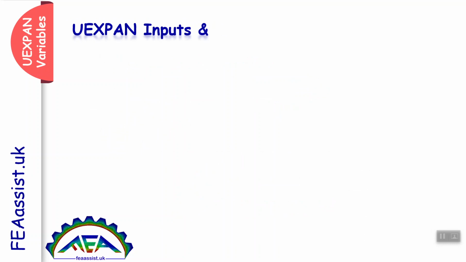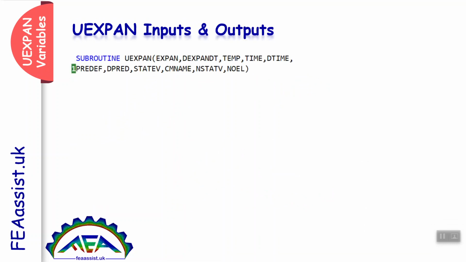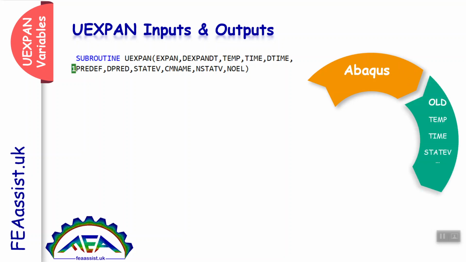UEXPAN variables. UEXPAN inputs and outputs. The UEXPAN subroutine has some inputs and we need to process them and export an output to Abaqus. In other words, Abaqus computes temperature, time, and state variables.